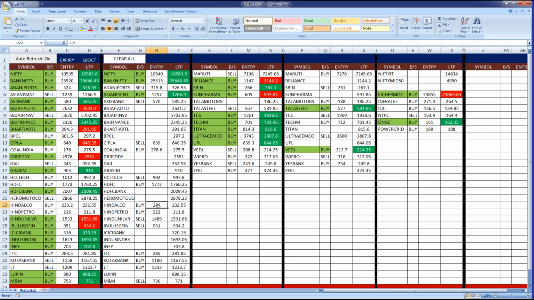You can enter into two lots so that you can maximize your profits. That is the reason why we have this here. On an overall basis, you are in very good profits today. Yesterday also there were really good trades, like Lupin, Cipla. The pharma pack was really very active yesterday. Today it's an auto pack.